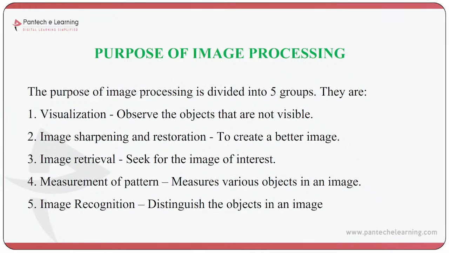First, visualization. Sometimes an object cannot be observed properly or is not visible properly, and for that purpose we use visualization. Next is image sharpening and restoration. Why do we use it? To create a better image, so that edges and all are created properly.